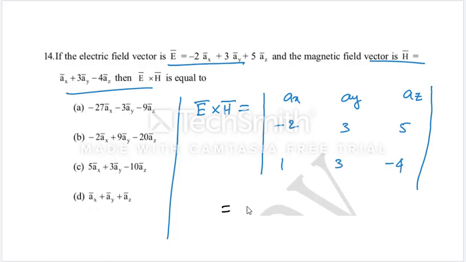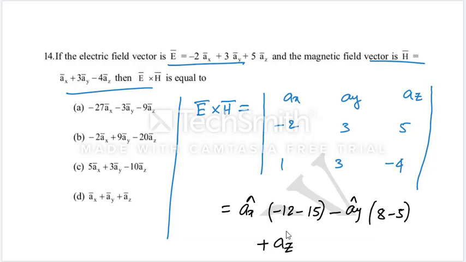So simplify this thing here. Ax into what I will get now here? Minus 12 minus 15 minus ay into what it is, 8 minus 5 plus az into what it is, minus 6 minus 3. Check it now here.